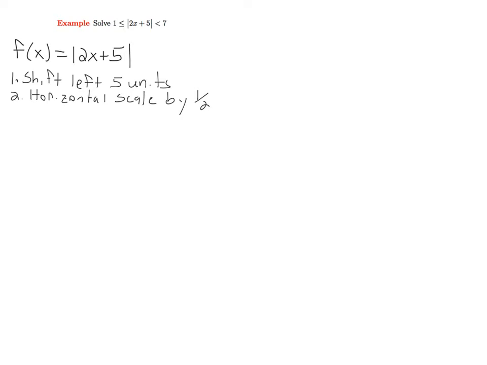So tracking these changes, we start off with the basic absolute value graph that looks like this. We're going to shift this graph to the left by 5 units. So it winds up over here. And this vertex gets moved over to -5, 0. And then we scale it by a factor of 1/2.